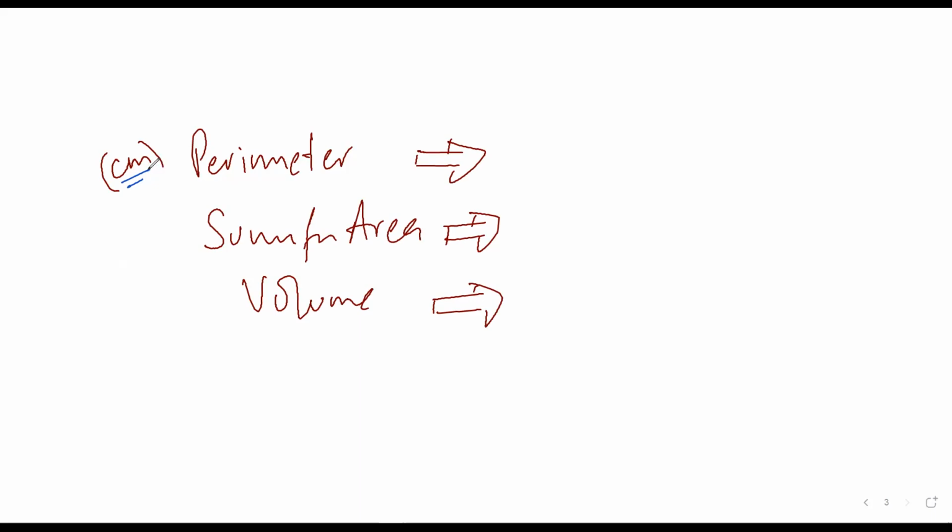What would be the area, Sarthak? Raised to power... Satya? Raised to power 3.